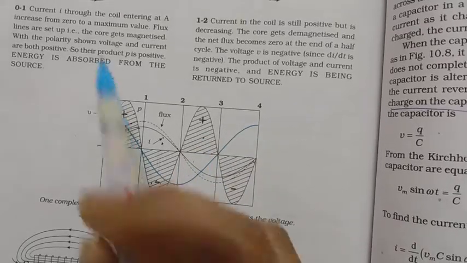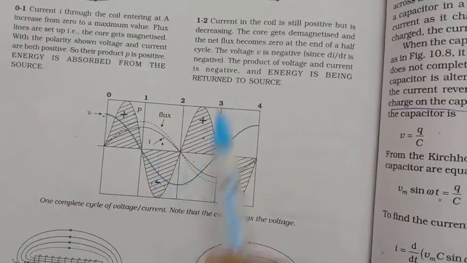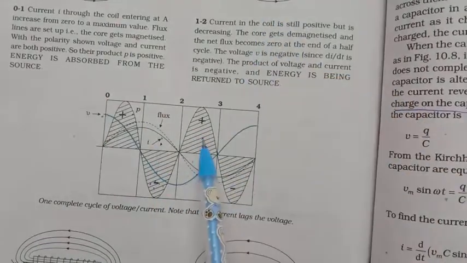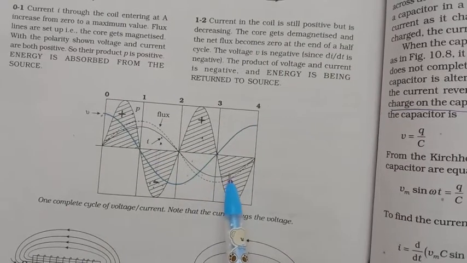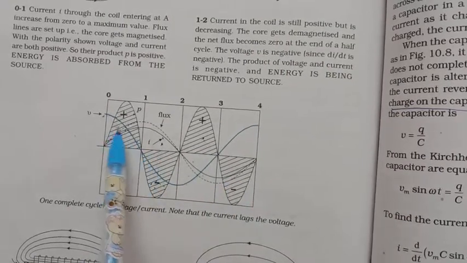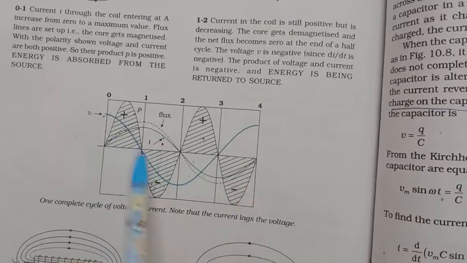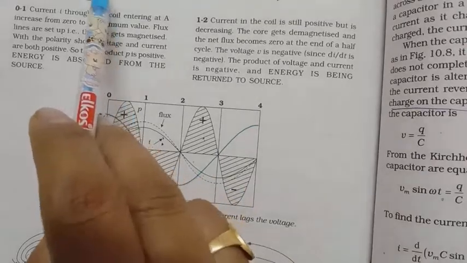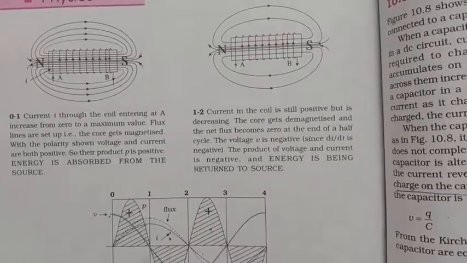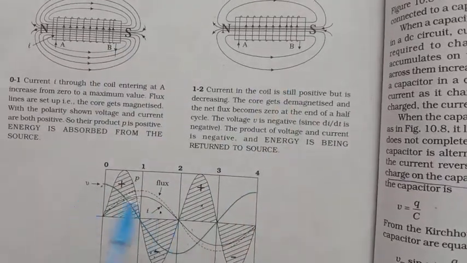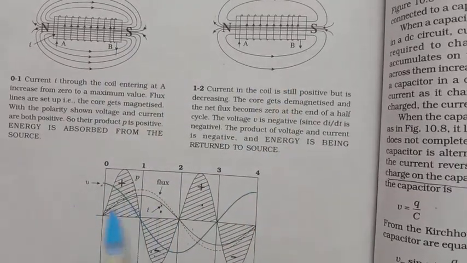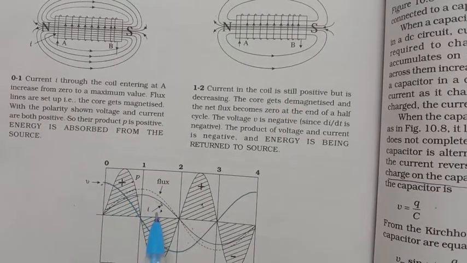Due to positive, it will become magnetized. Due to negative, it will be demagnetized, and again magnetized and demagnetized. In case of the inductor, there is a phase difference between voltage and current. Due to this the soft iron rod becomes magnetized and demagnetized.